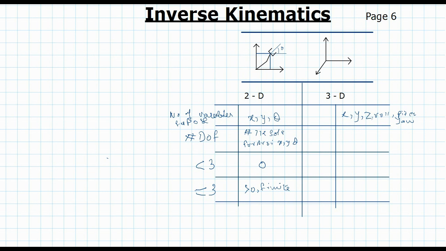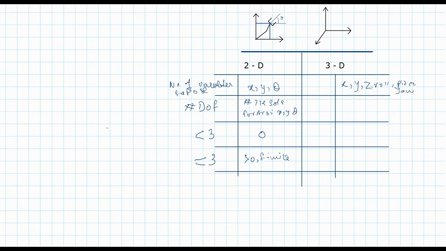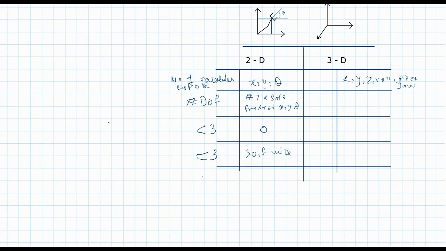If the number of joints is greater than 3, what happens in this case? Then we might have what is called a redundant robot, where the number of solutions can be infinite in some workspace.